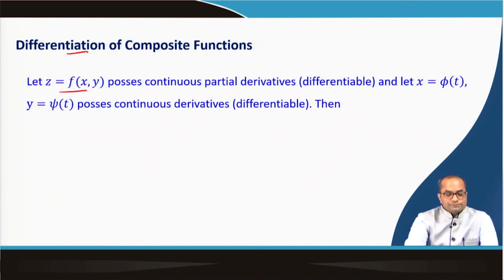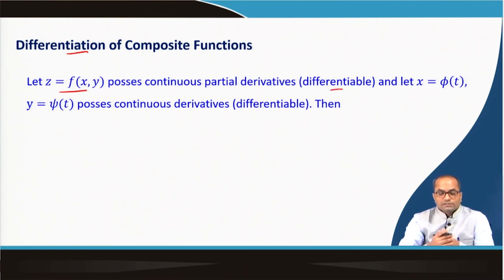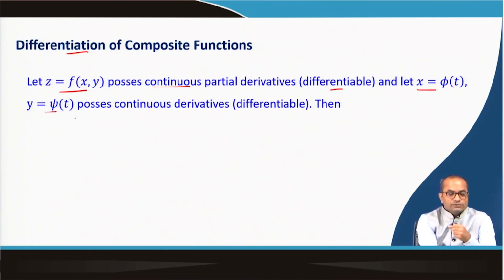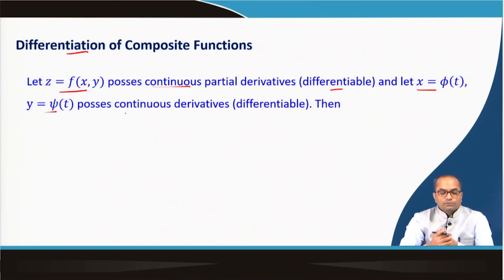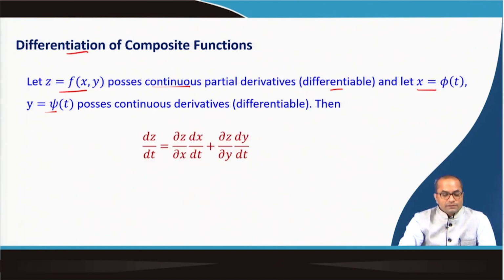Let this z = f(x, y) possess continuous partial derivatives. Or we will assume that this function is basically differentiable. Continuous partial derivatives means again this is a sufficient condition for differentiability, and we let x = phi(t) and y = psi(t), they also possess continuous derivatives. So, they are basically also differentiable.